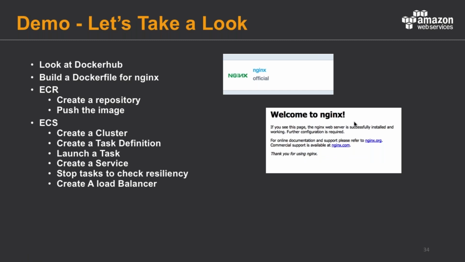Went to ECR, we created our repository, pushed an image to that repository. Then we used ECS. We created a cluster, created our task definition and launched a task, created a couple of services, one with and without a load balancer. We stopped some tasks to check the resiliency, and that worked as expected.